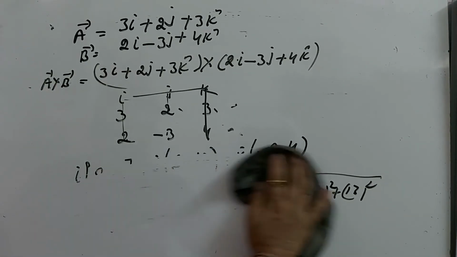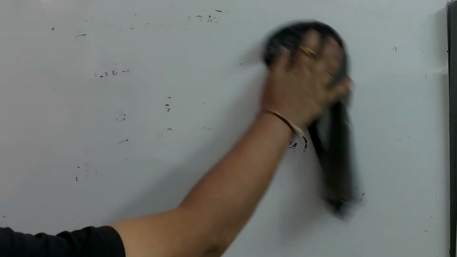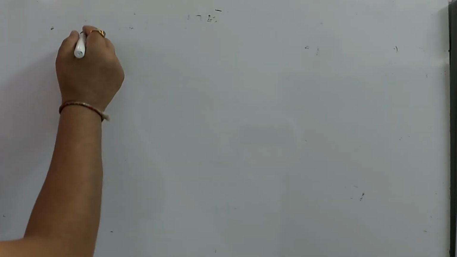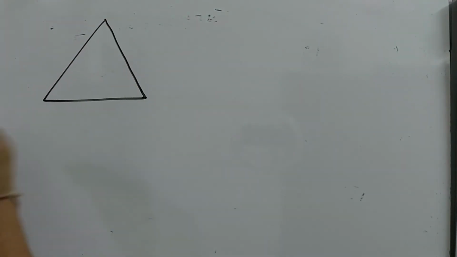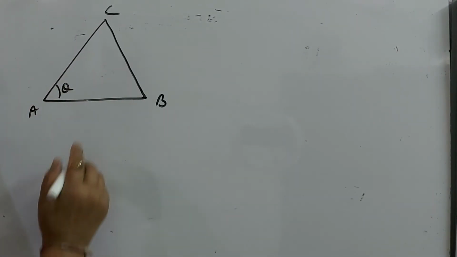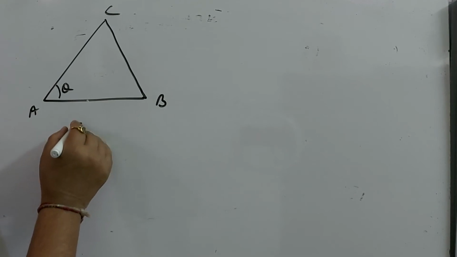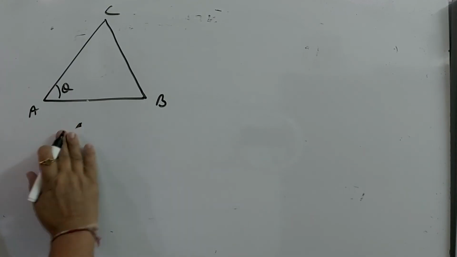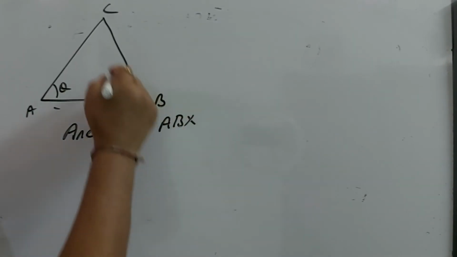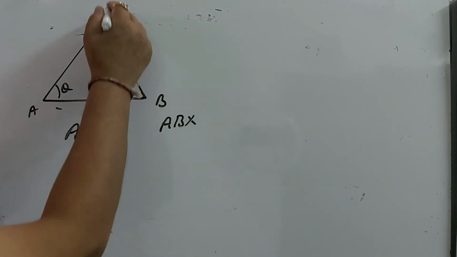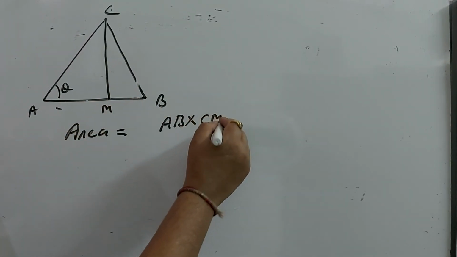Now this is again very simple, and suppose similarly there is another problem. If we are to find the area of a triangle, suppose we have a triangle. This is triangle ABC, and this angle is theta. The area, as we know, is base into this perpendicular, suppose this is Cn, by 2.